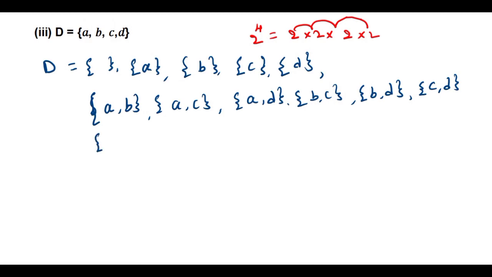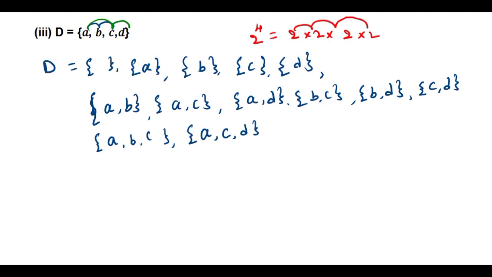If I start with A comma B comma C, that means this one, A comma B comma C. Start with A only, but this time A comma C comma D. So A B C, A C D, right?